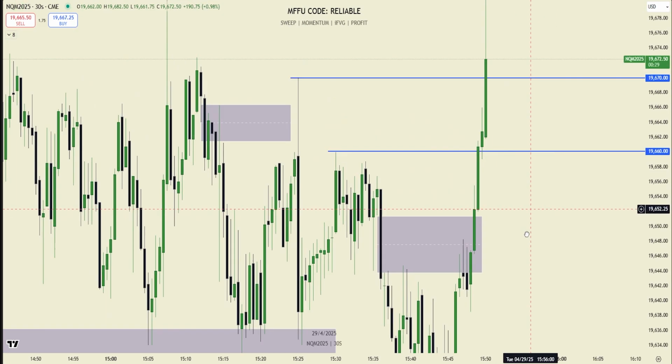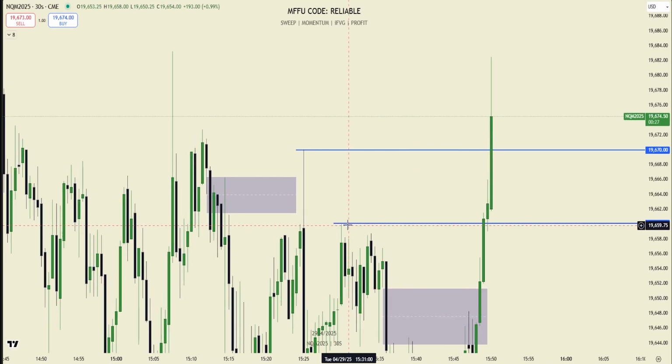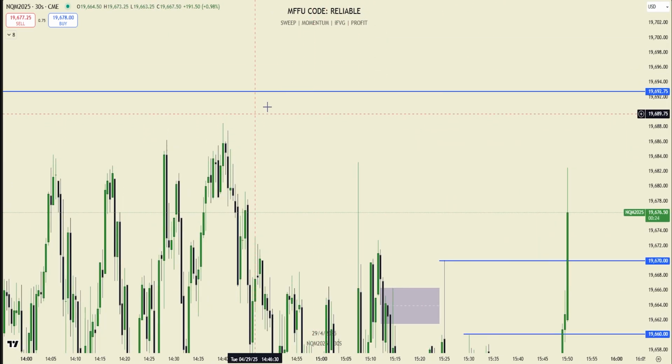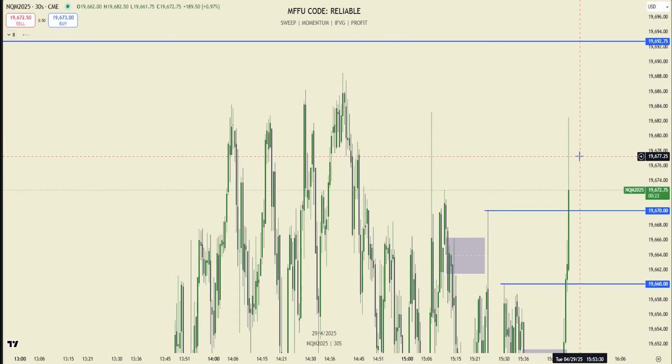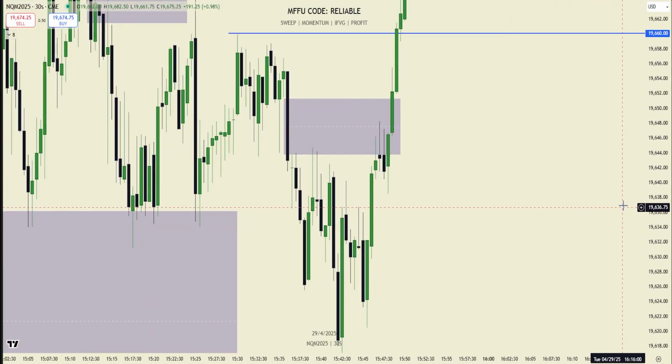So if you guys took this 30-second, there's the inverse, there's the target, and then final TP would probably just be the highs. But 350 is kind of an easy read there.